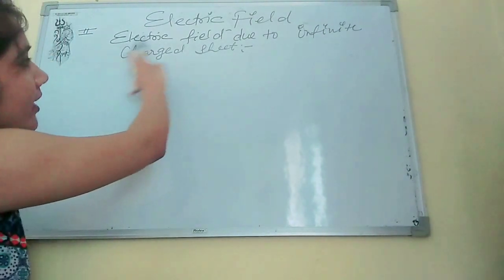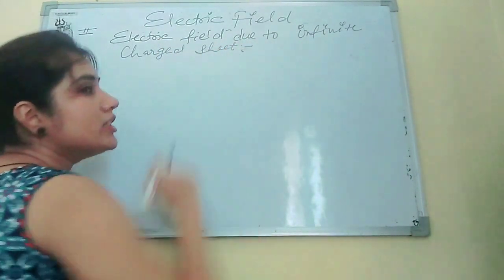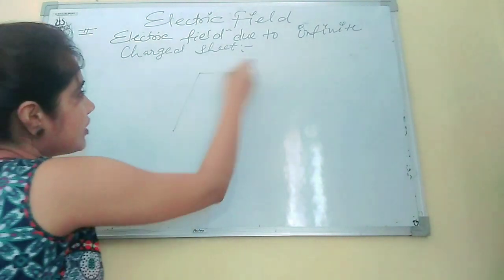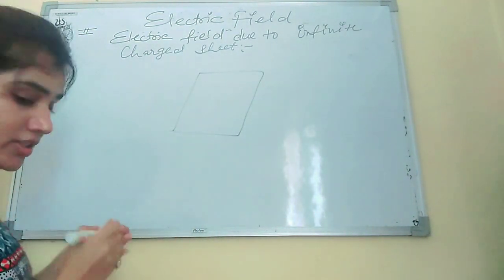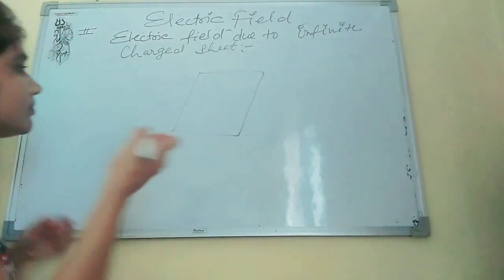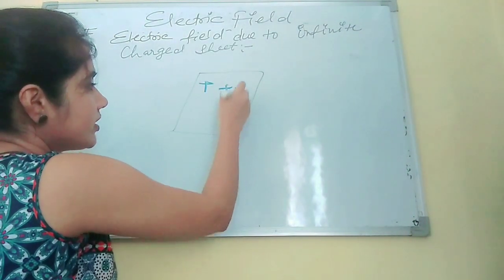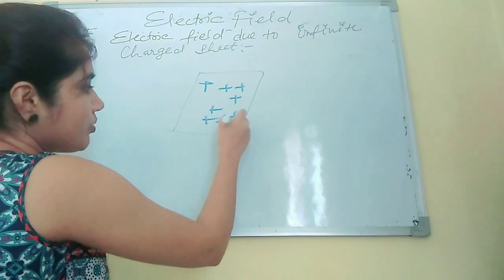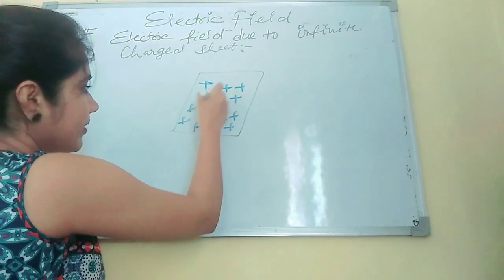Now we will see the electric field due to an infinite charge sheet. Suppose we have a charge sheet, that is the charge sheet. It has charge which is distributed like this uniformly.